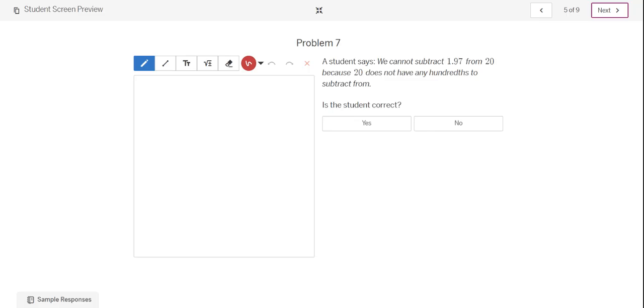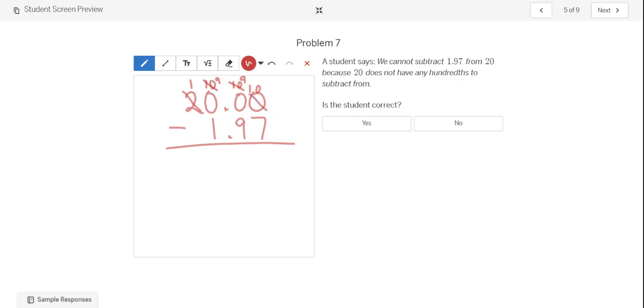So it says we cannot subtract 1.97 from 20 because 20 doesn't have... Yeah, if you had $20, it would look like this. And then if you wanted to spend $1.97 at the store, you can totally do that. I'm going to make that 1 in the tens place make that 10, but now I need dimes, so that's going to be $9. This would be 10 dimes. I'm going to borrow from that, make it 9 dimes, and this ends up being 10.